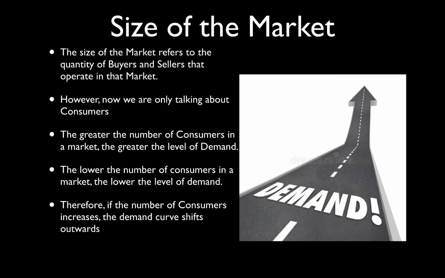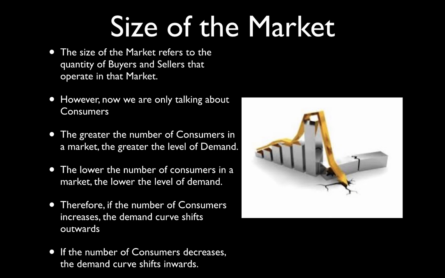That's going to increase the amount that is bought, ceteris paribus, and as such cause an outward shift in the demand curve. On the other hand, if the number of consumers decreases, less will be bought, and as such that would reflect itself as an inward shift of the demand curve.